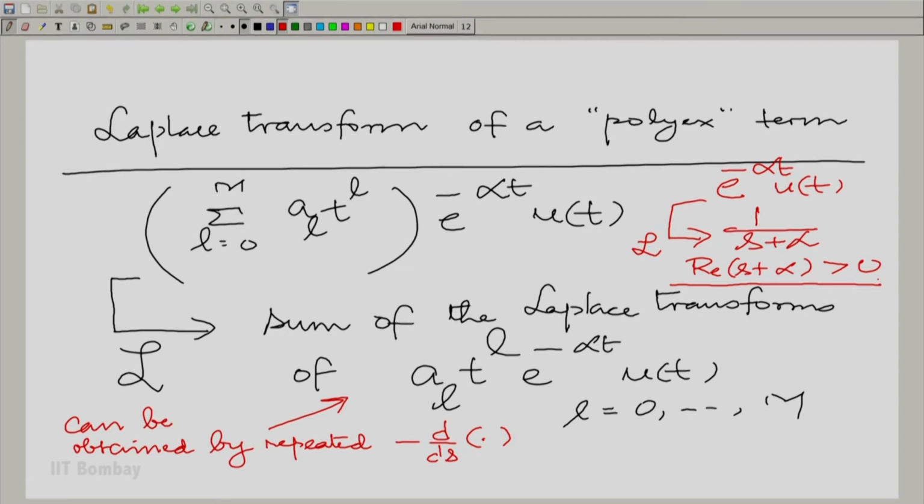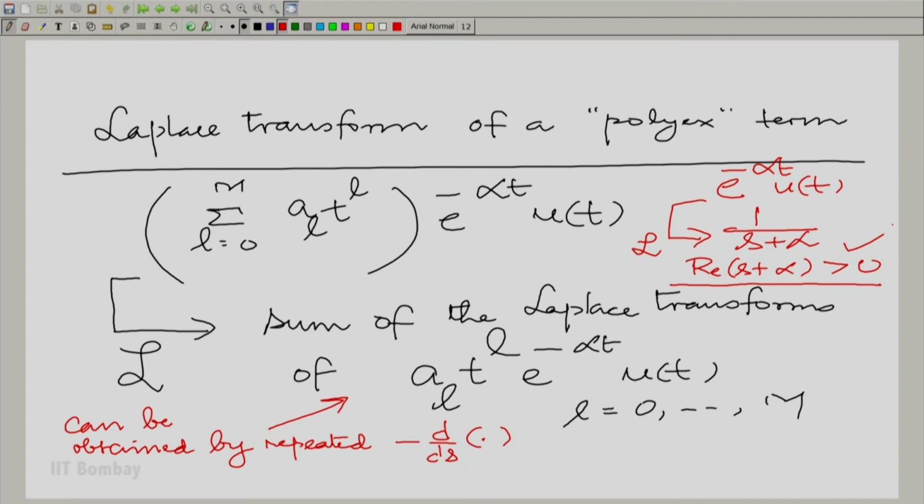For example, if it were e raised to the power minus 2t, then you would have real part of s greater than minus 2. So, minus real part of alpha, this is all right.